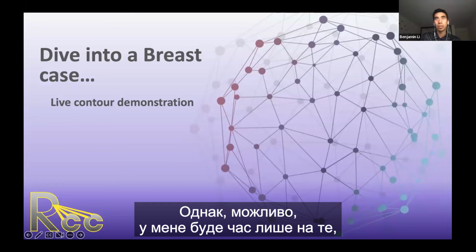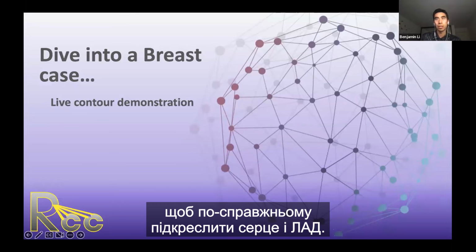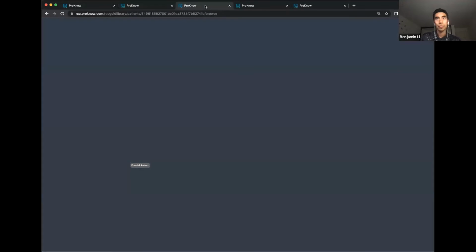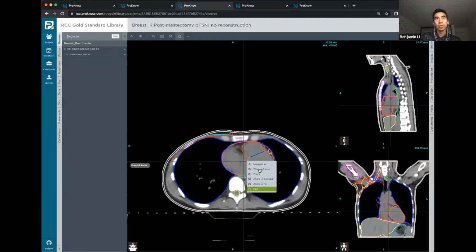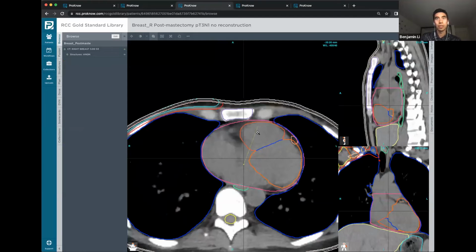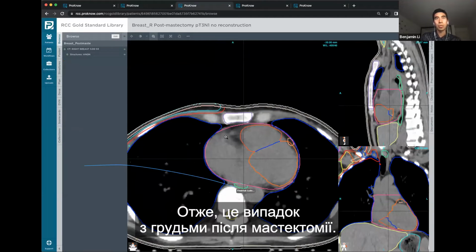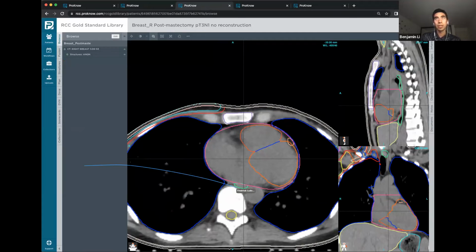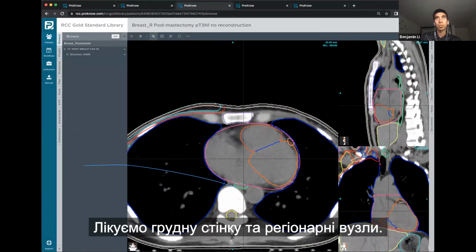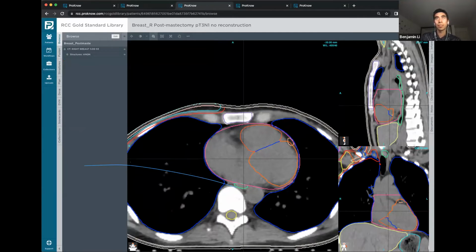I may only have time to really emphasize the heart and the LAD though. So this is a post-mastectomy breast case. We're treating the chest wall and the regional nodes.